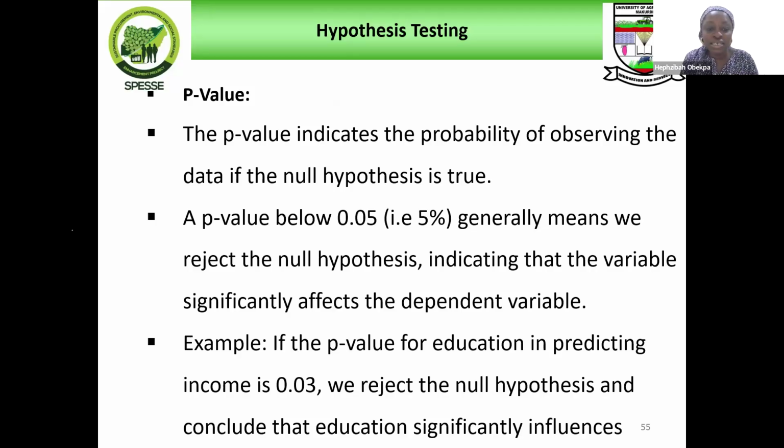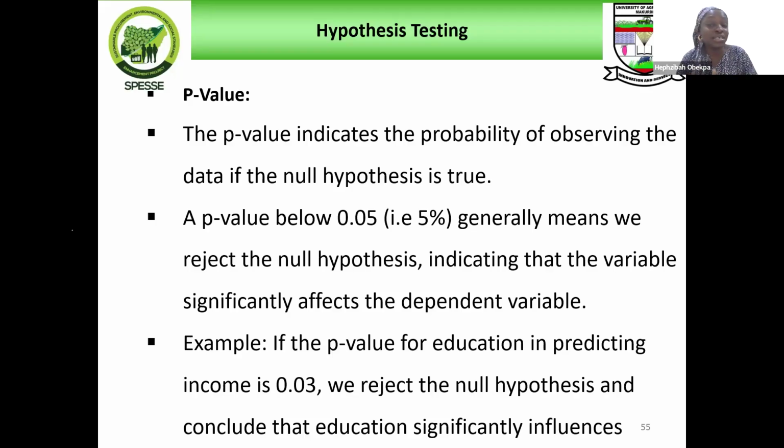what does the null hypothesis say? In this example, we said education predicts income. What do you think the null hypothesis will say? The null hypothesis will say that education does not have any significant effect on income. Are we following? I said the null hypothesis is the negative one, the one that says there's no relationship.